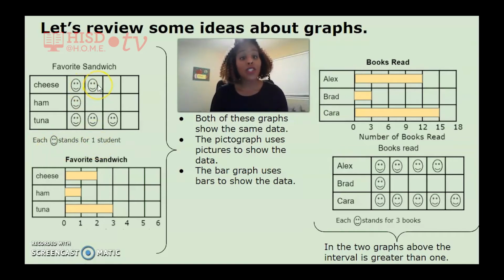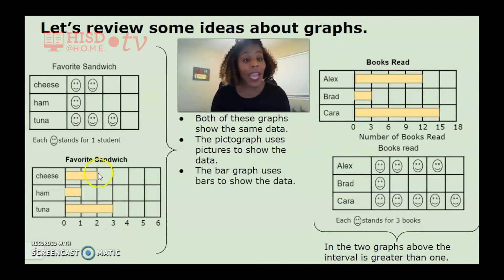We have two students that like cheese sandwiches. We have one student that likes ham sandwiches. We have three students that like tuna sandwiches. Now we look at the same data on a bar graph. On a bar graph at the bottom, we have this line that represents 0, this line that represents 1, this line represents 2, this line represents 3, this line represents 4, this line represents 5, and this line represents 6.